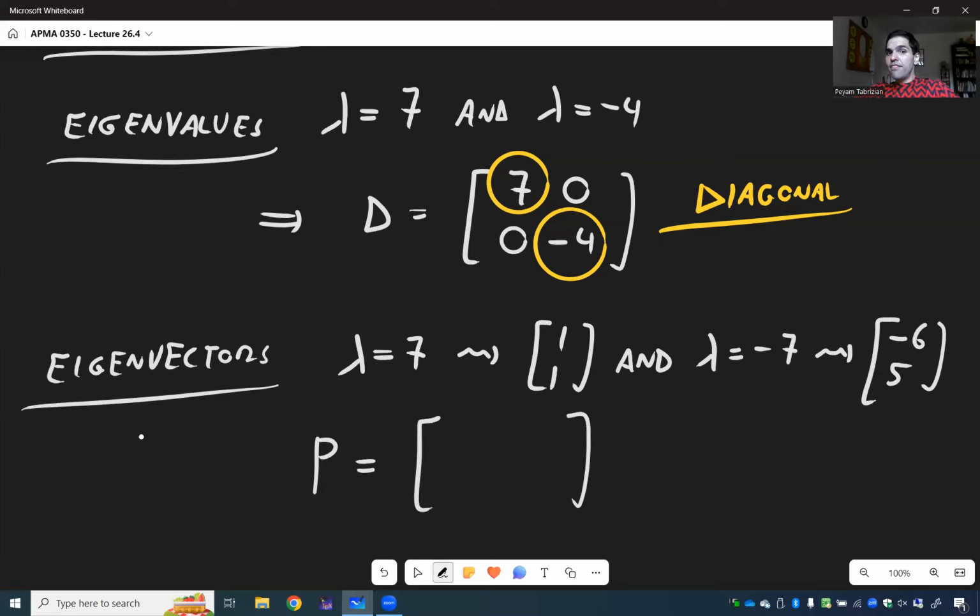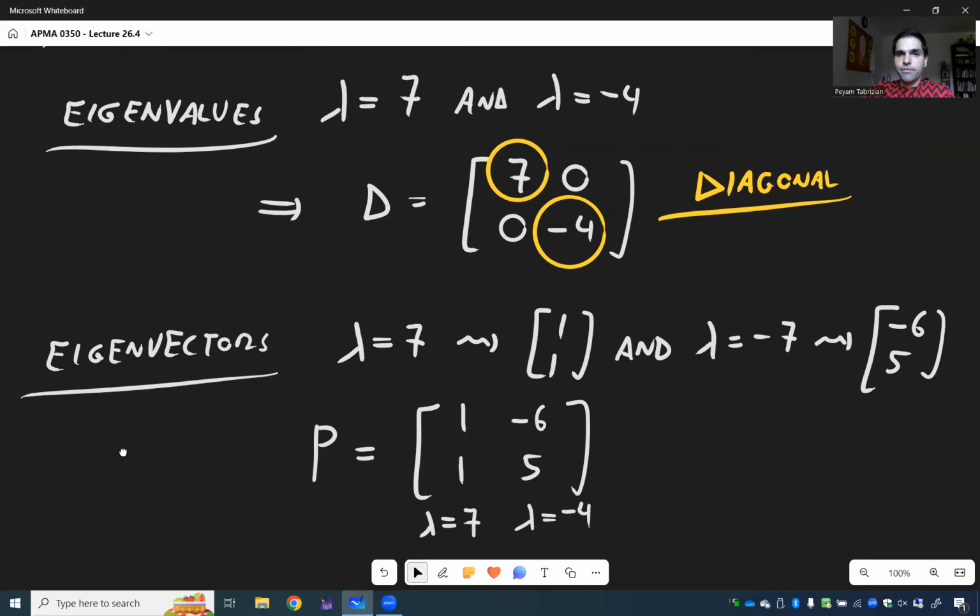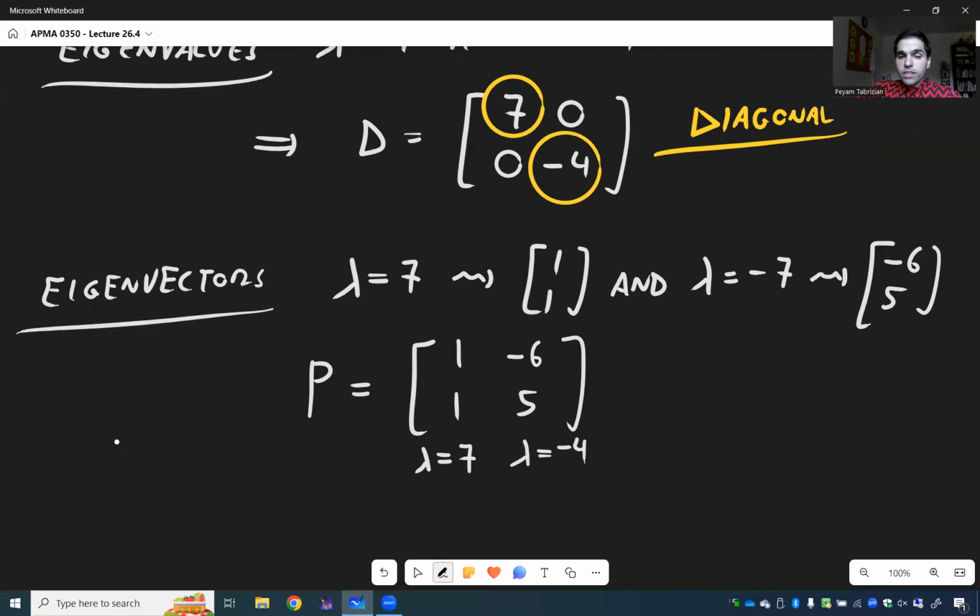Because you chose 7, 0, 0, -4, the first column has to be for lambda equals 7, and the second column has to be for lambda equals -4. And all you do is put in your eigenvectors. So we had 1, 1 and -6, 5.